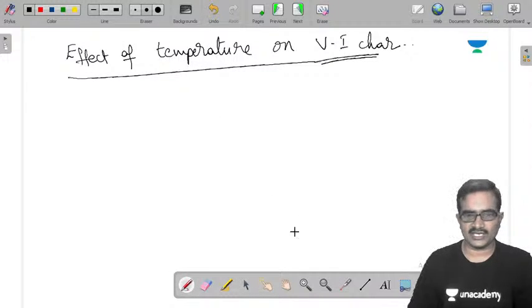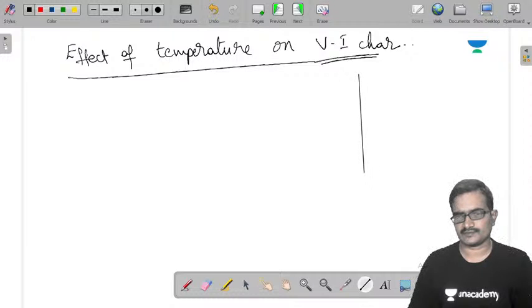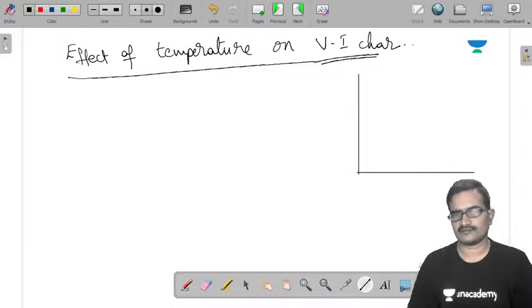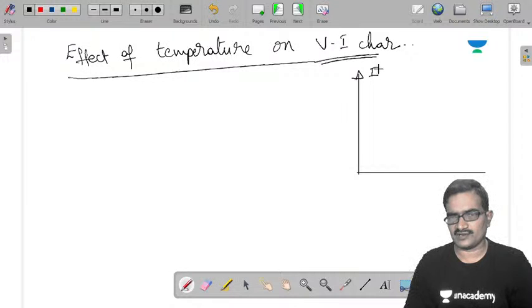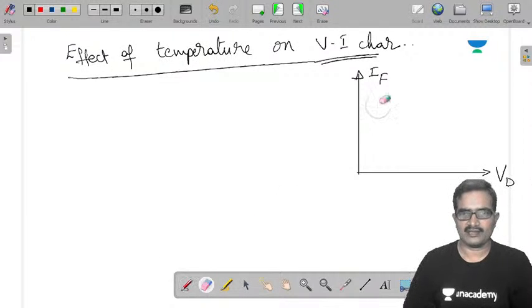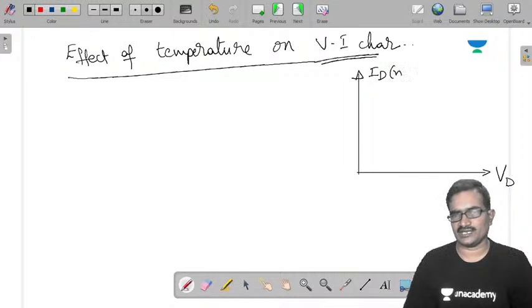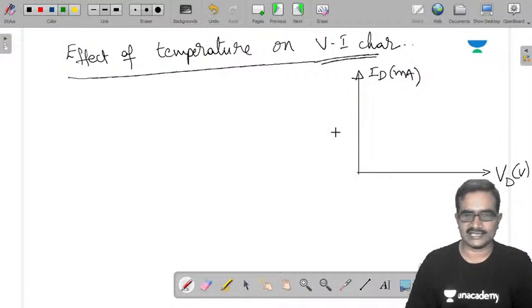So this is the plot in forward bias. Forward current and forward voltage. So diode voltage in general we are taking, and ID we are taking here of the order of milliamps. The voltage is of the order of volts, and this is our plot.